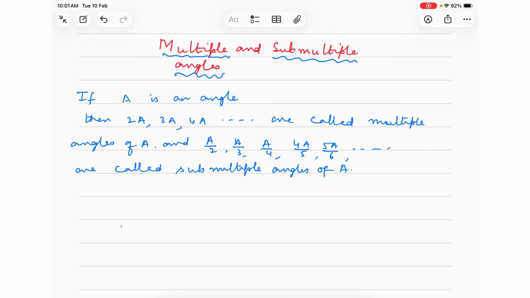So what we have to do is find trigonometric ratios of angle 2A in terms of angle A. Similarly, we'll find the trigonometric ratios of angle 3A in terms of angle A, and then based on that we'll express trigonometric ratios of angle A in terms of 2A and so on.